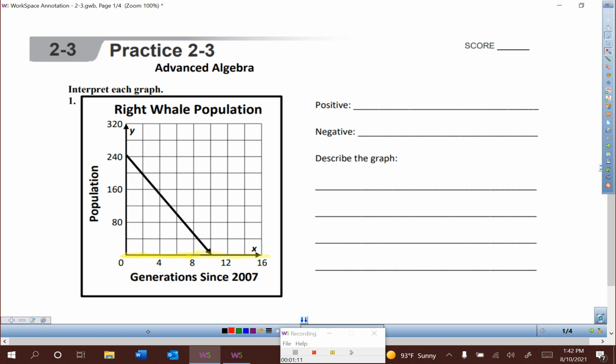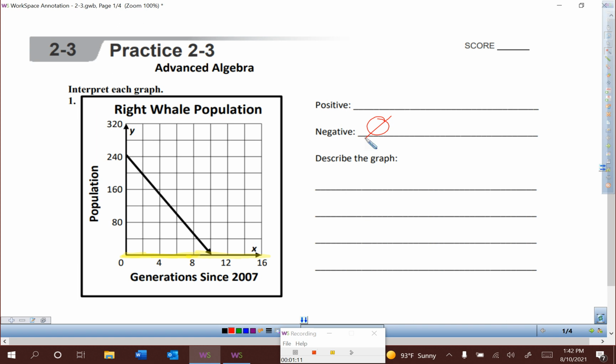So for looking at number 1, the entire graph is above the x-axis. There is nothing that goes below. So my negative is that 0 with a slash through it. There is no negative portion of this graph. It is all positive. It's all above the x-axis.